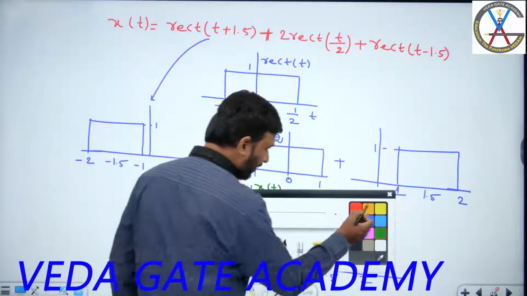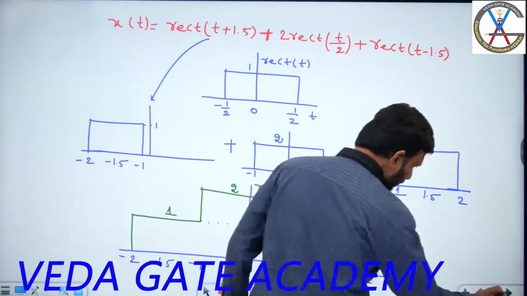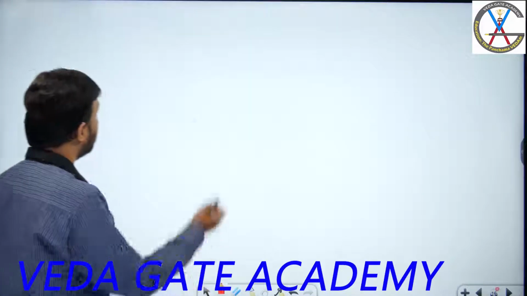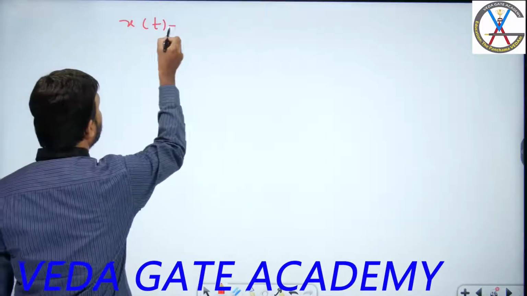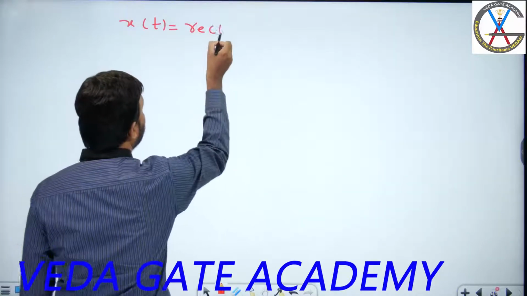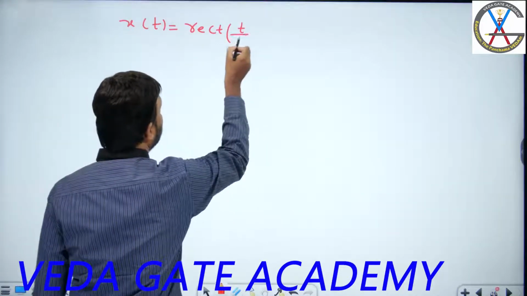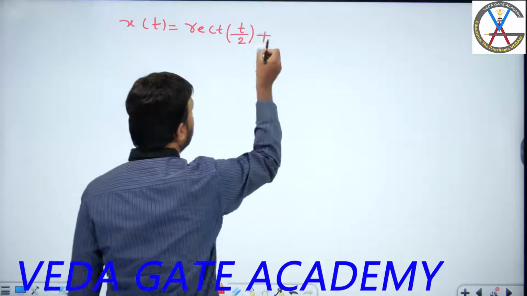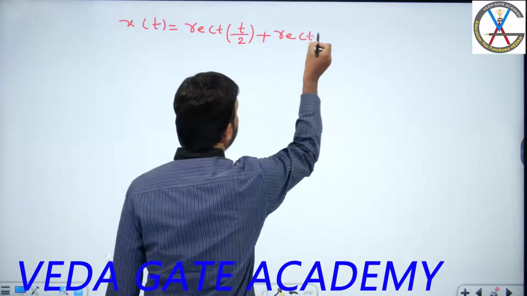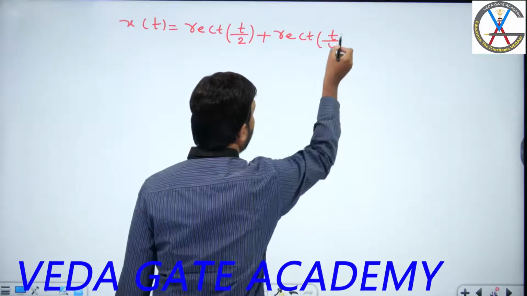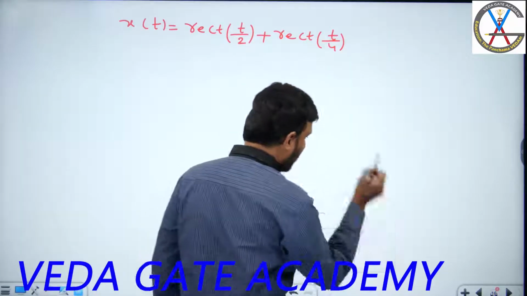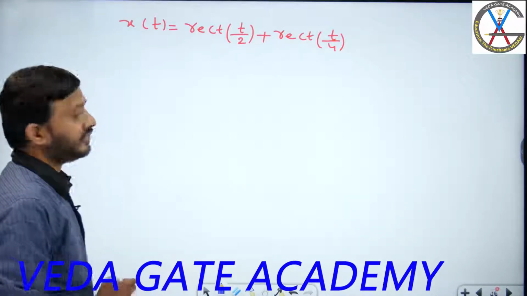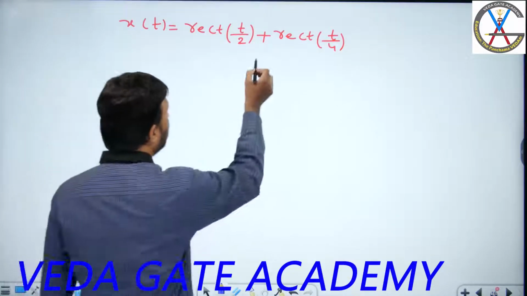I want the shape of this signal: rect(t/2) plus rect(t/4). Rect(t/2) plus rect(t/4), I want the shape. Now how to draw the shape? Rect(t), you know.